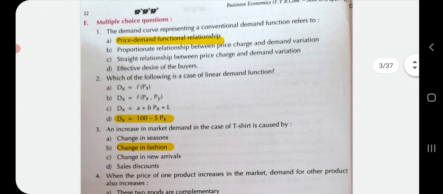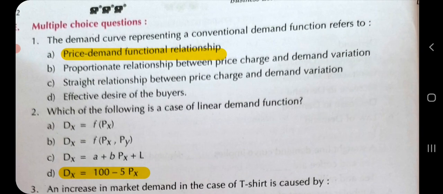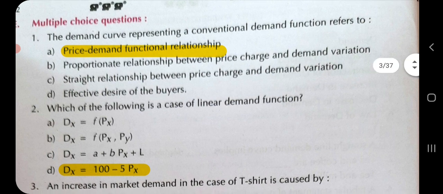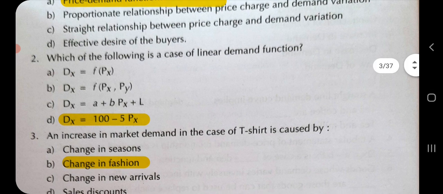Next question, the demand curve representing a conventional demand function refers to dash dash, and the answer is price demand functional relationship. What does the demand curve indicate? The functional relationship between price and demand. Next question, which of the following is a case of linear demand function? And the answer is dx is equal to 100 minus 5px.